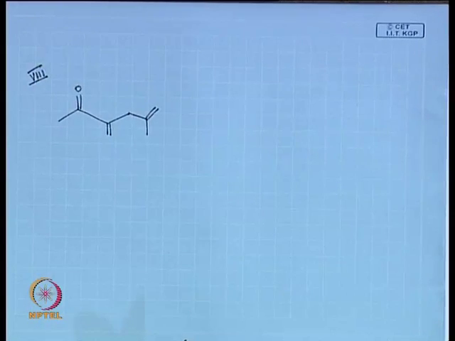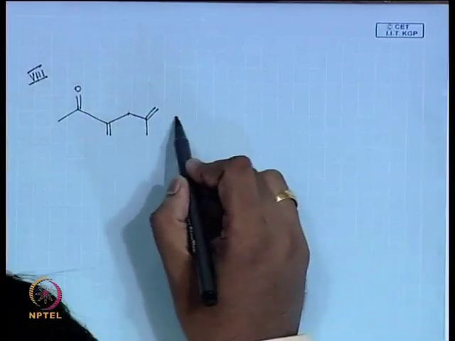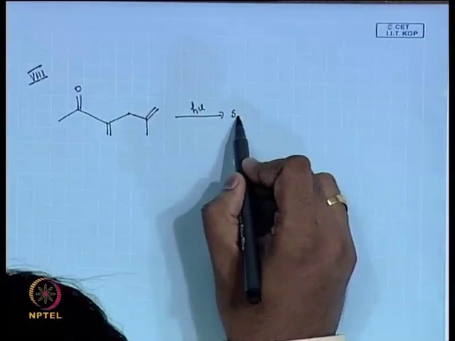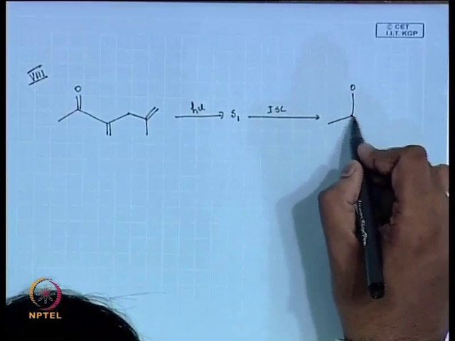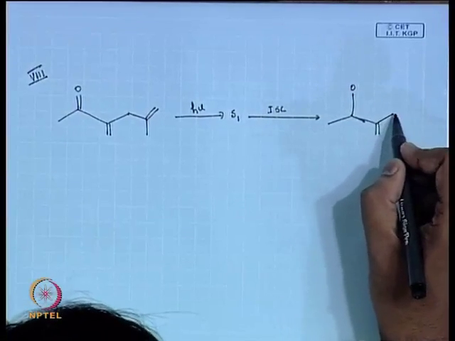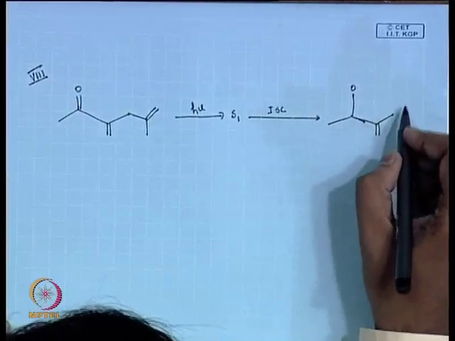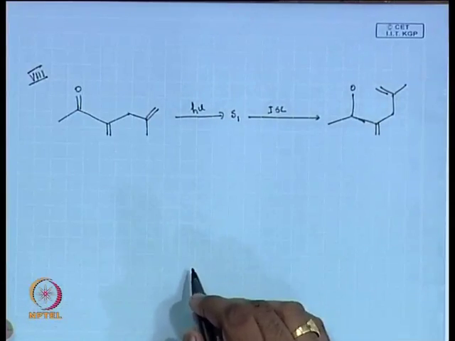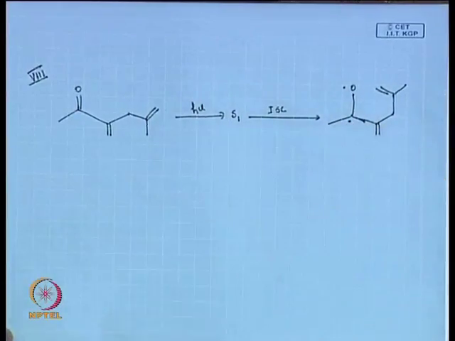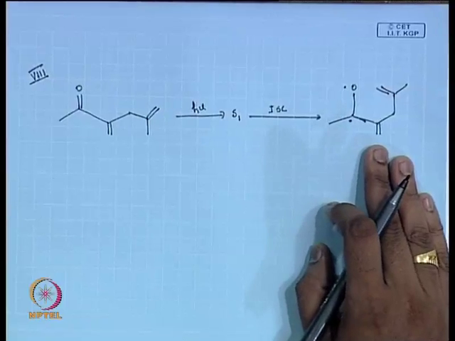So, what product are you going to expect in this? Yeah, first just try to write that diradical. So, once you start writing like this molecule, then this double bond, you know, doesn't eventually come into the picture.